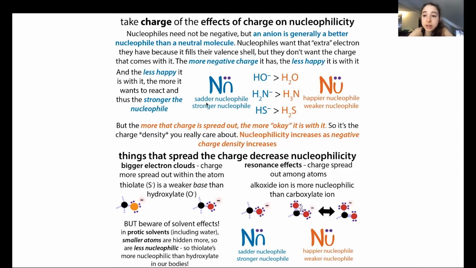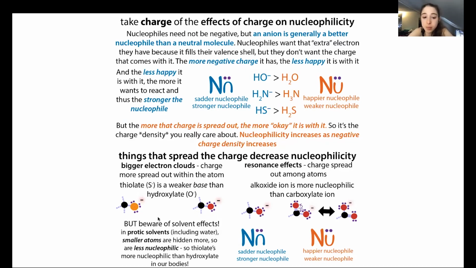So how can you spread out this charge? Well, one way is having a bigger electron cloud in your nucleophile atom. This is why we have that sulfur versus oxygen thing, where the thiolate sulfur is a weaker base than the hydroxylate oxygen because it has this bigger electron cloud, and therefore it can better spread out that negative charge, making it less desperate to get the proton.